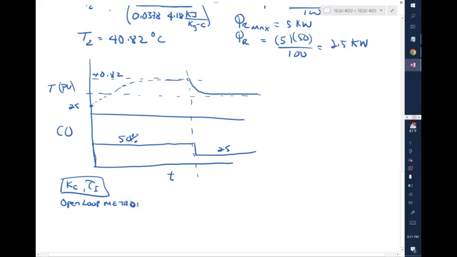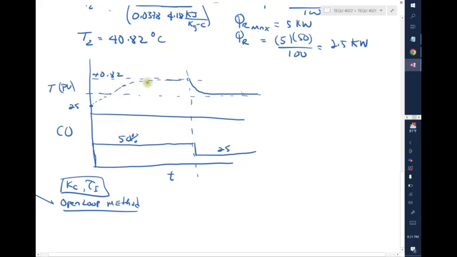Let me write this right. The open loop method. So how do we use the open loop method? Basically, we need two steady state values, and there's one steady state here, and there's a new steady state here.